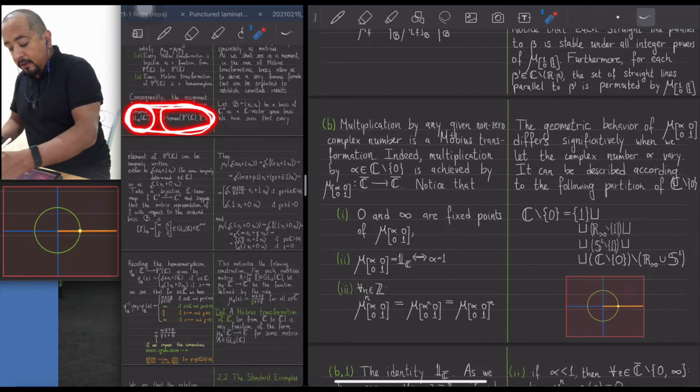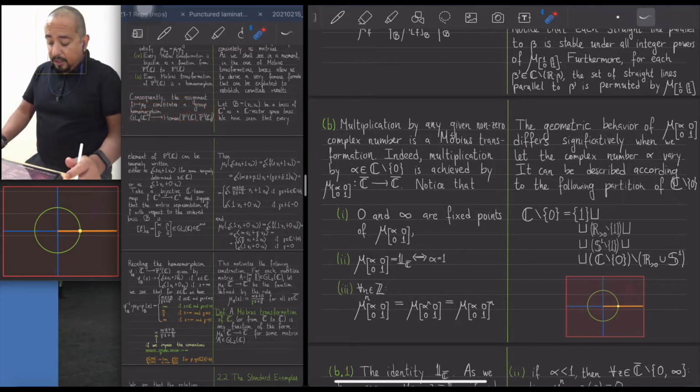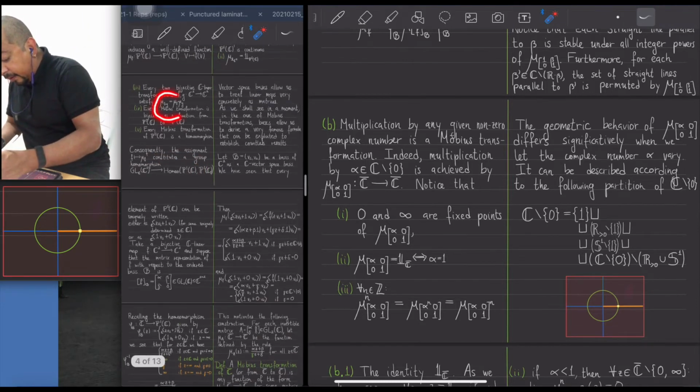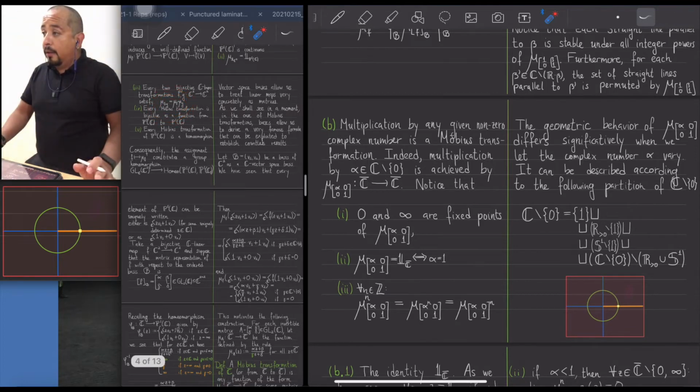It's not quite GL2C, and it's not quite the homeomorphisms of C bar. Okay, fair enough. But we already know that this was a homomorphism. The proof was very easy. The proof really boiled down to the definition of composition of functions.